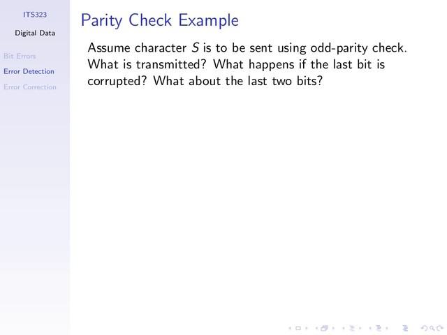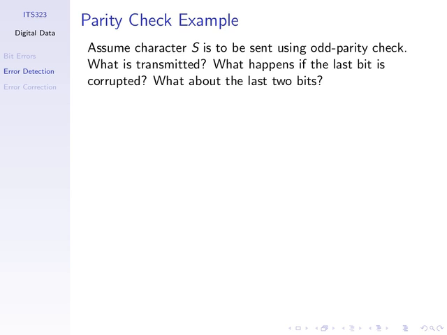So the question, instead of S, let's assume Q. Assume the character Q is to be sent using odd parity check. Odd parity check means that we should have an odd number of ones in the data that we transmit.